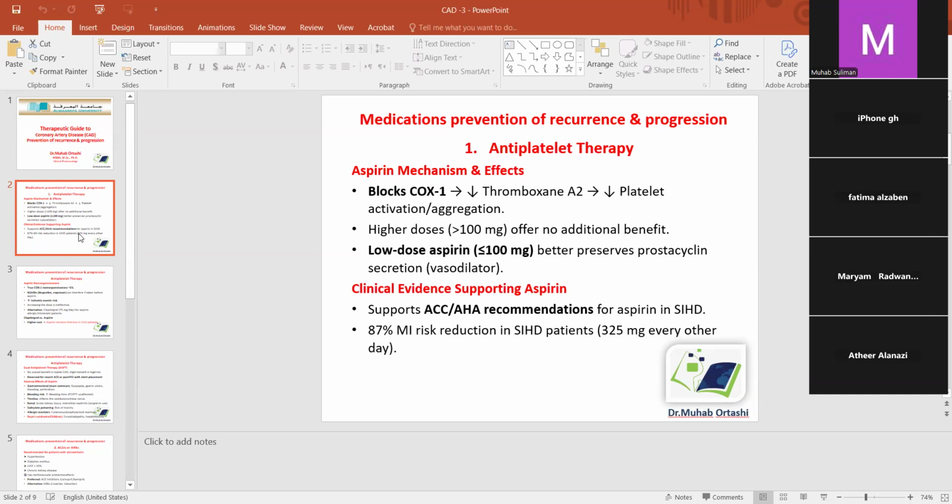That means we have to use a low dose aspirin to give the high benefits as antiplatelet and decrease the risk factor. If we increase the dose, it will not give additional benefits as antiplatelet.